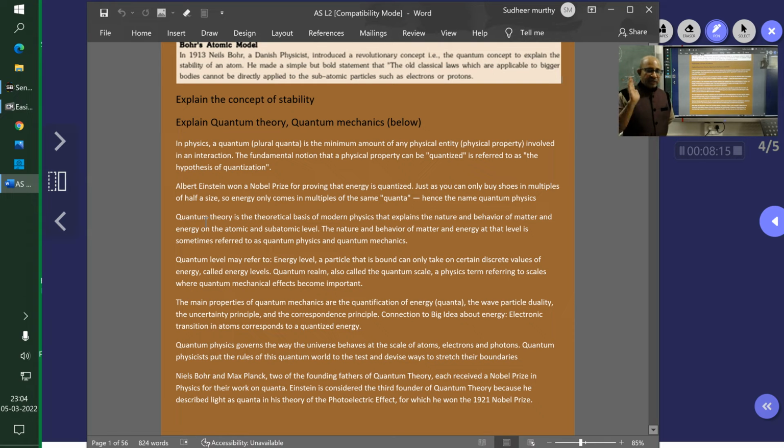So there is a new theory called quantum theory, and we are going to use that theory to explain the stability of the atom. Quantum level may refer to energy level. A particle that is bound can only take on certain discrete values of energy called discrete energy levels.